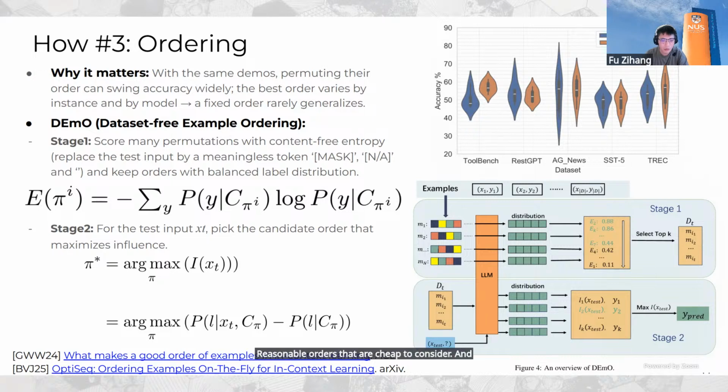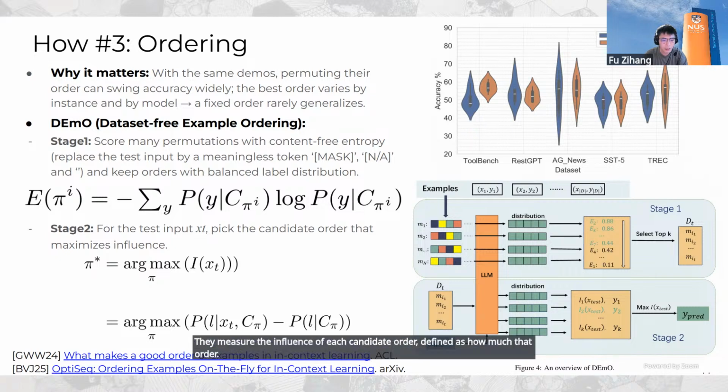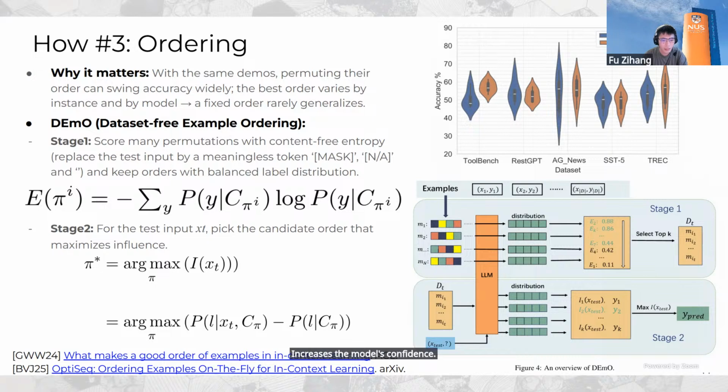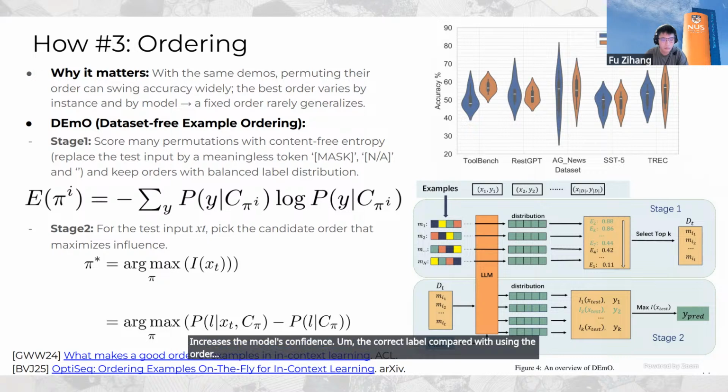In stage two, for the actual input x_T, they measure the influence of each candidate order, defined as how much that order increases the model's confidence on the correct label compared with using the order alone.